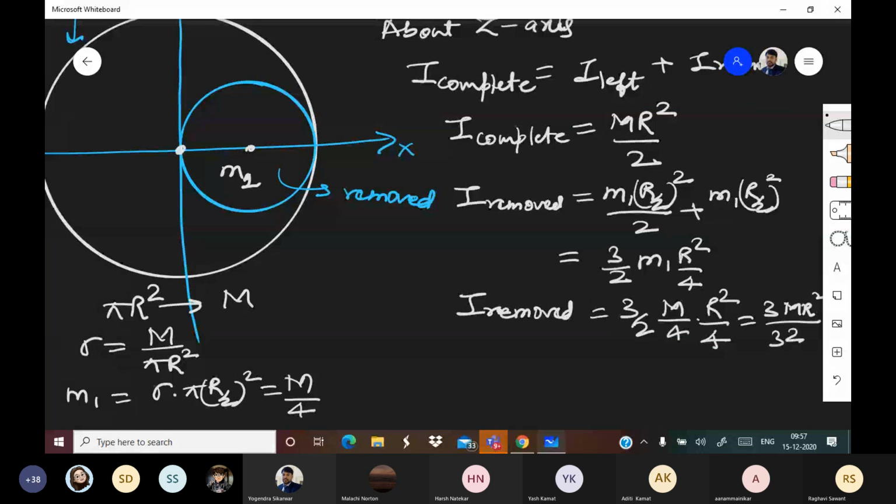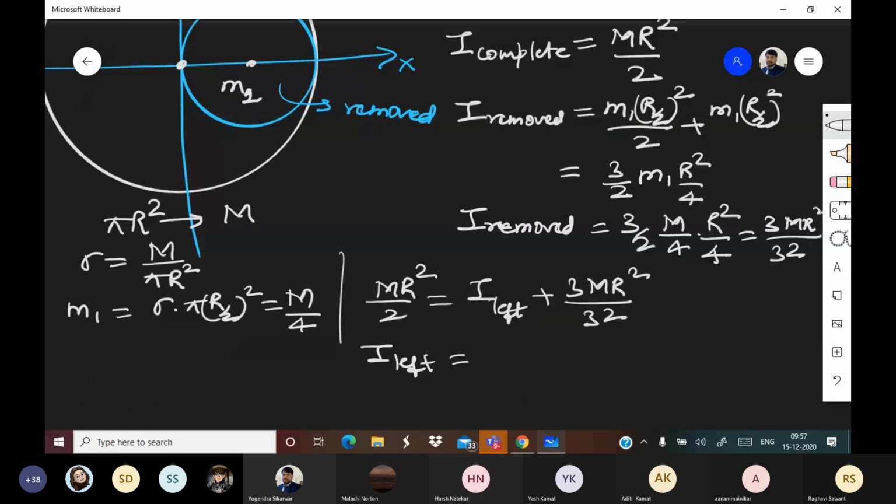So let us put these values in the first equation. So I complete was how much? MR square by 2 is equal to I left plus I removed, that is 3MR square by 32. So I left will be MR square by 2 minus 3MR square by 32.